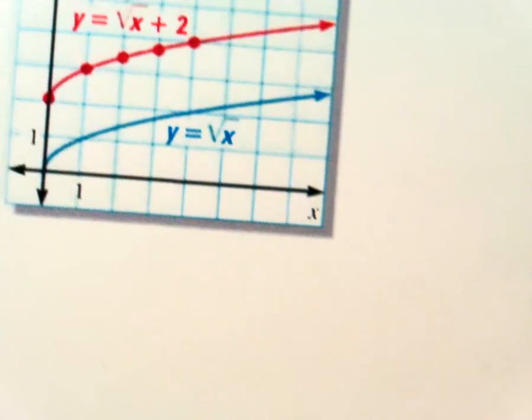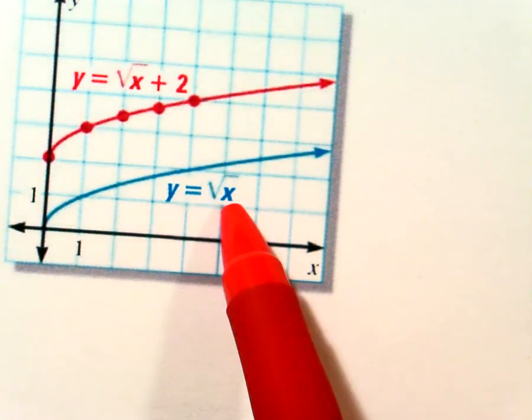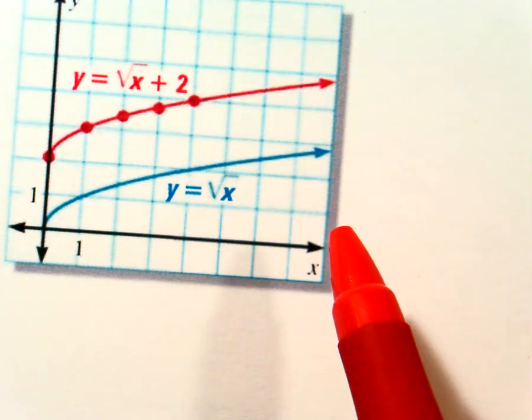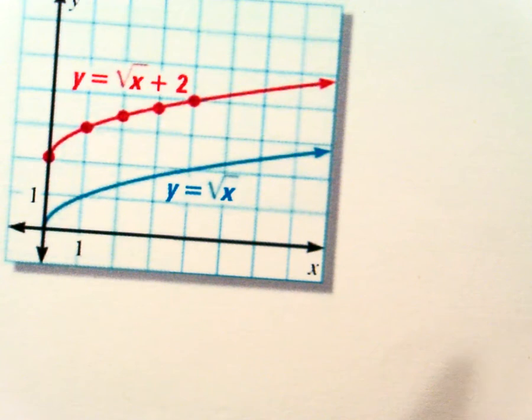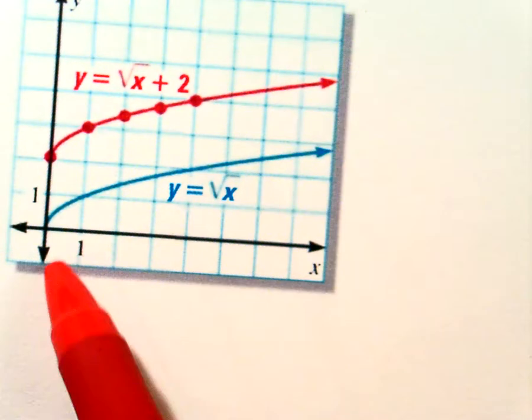So how about this one? This one is going to be y equals the square root of x. There's the parent. But then after you do the square root of x, every one of them you add 2 to it. Well, I think you figured out, because you've done lines and you've done parabolas, that the whole thing's just going to shift up 2. It's the same shape, but it's up 2.